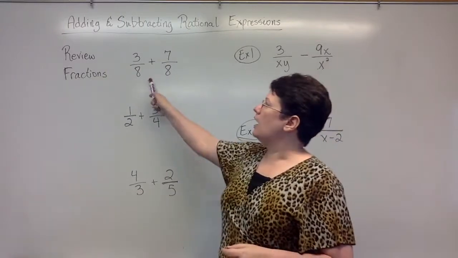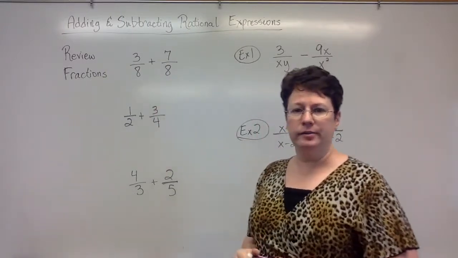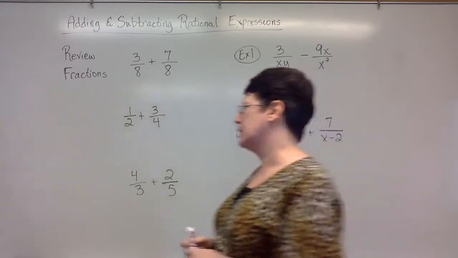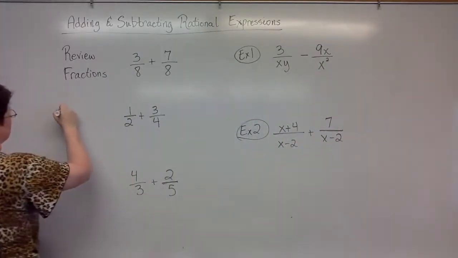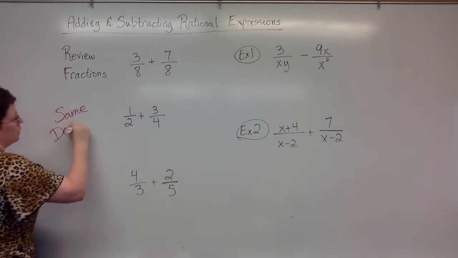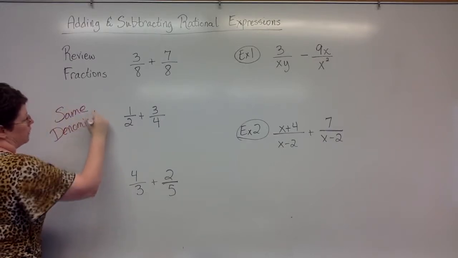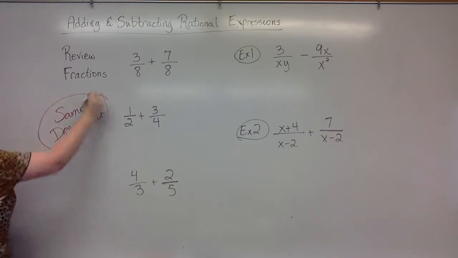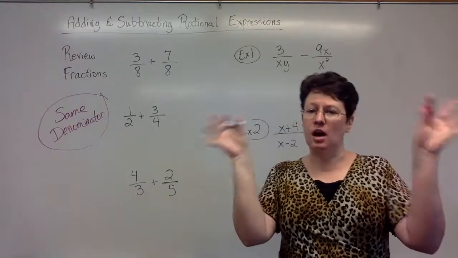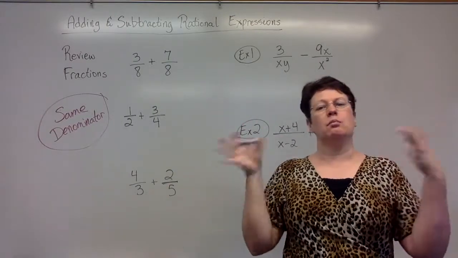Okay? I have two fractions being added. Now, what do they have to have in order to add? Yes, they must have the same denominator. The denominator, remember, is the bottom of the fraction. When we add, do we add just the top, just the bottom, both of them?